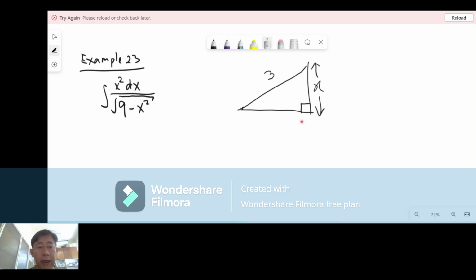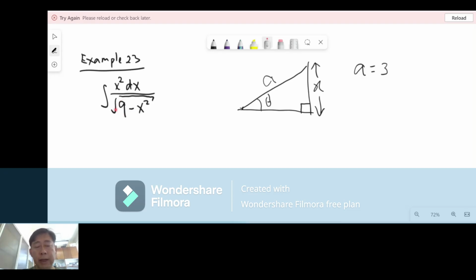Now, once we have labeled the hypotenuse and the height x for the right triangle, we label the angle theta here and write down the relationship that relates the hypotenuse, the height, and the angle theta. In order for me to generalize the method more easily later, I will label the hypotenuse a and remind myself that a takes a value of 3 for this particular integration.